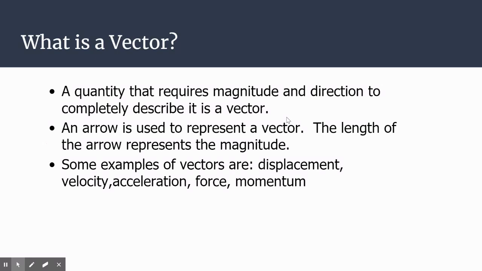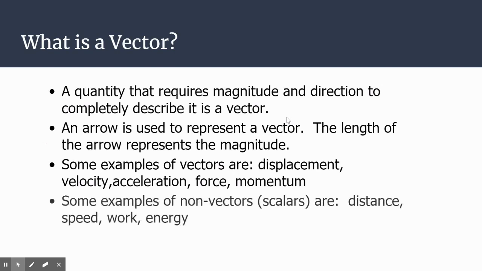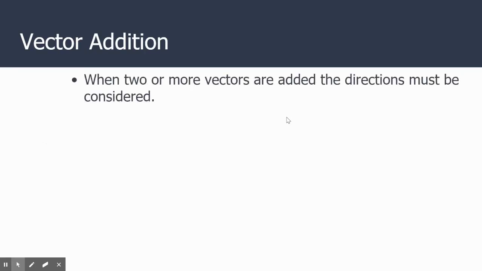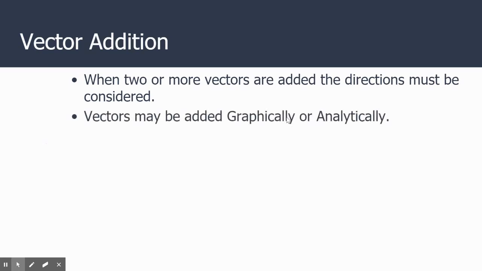That'll be the first thing we talk about after this lesson. Some examples of non-vectors, or scalars, are distance, speed, work, and energy. So let's talk about vector addition. When two or more vectors are added, the directions must be considered. Vectors may be added graphically or analytically.